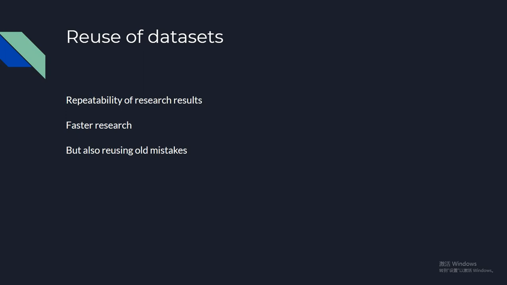Although there are advantages to reusing datasets, there are also disadvantages, like reusing the old mistakes that were already in the dataset, because human experts or researchers often make mistakes when labeling.